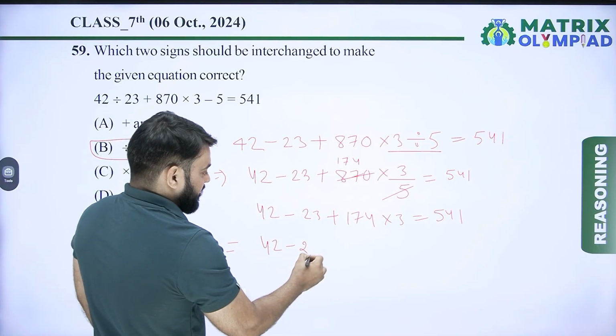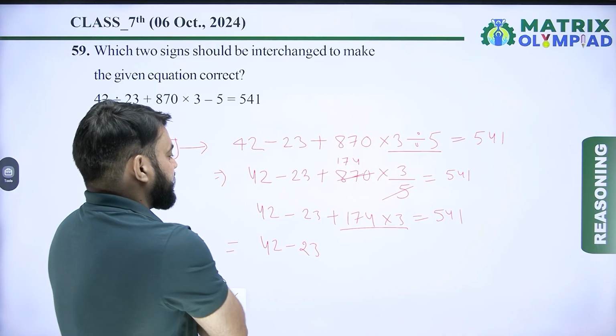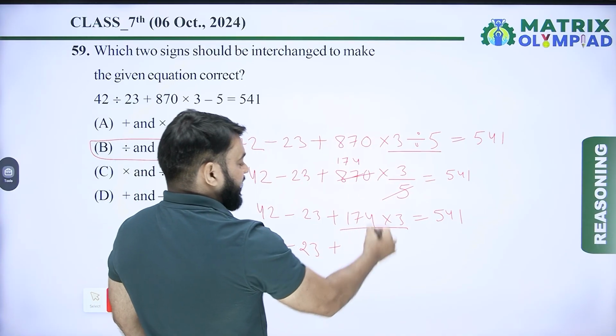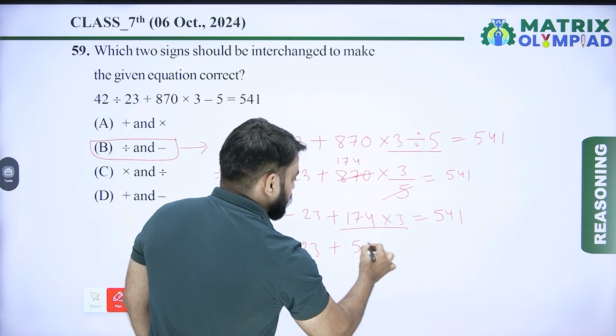42 minus 23. Now multiply the numbers. 174 multiply by 3, it means 522.